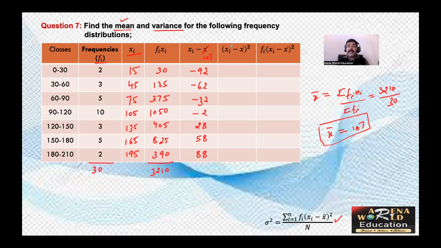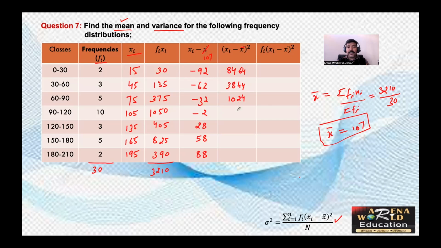Now, what is the next step? We will find the square of each Xi minus X bar, right? So what is the square of minus 92? It will be 8,464. Now minus 62 square will be 3,844. Minus 32 square will be 1,024.